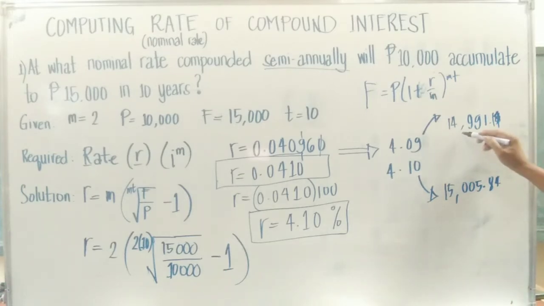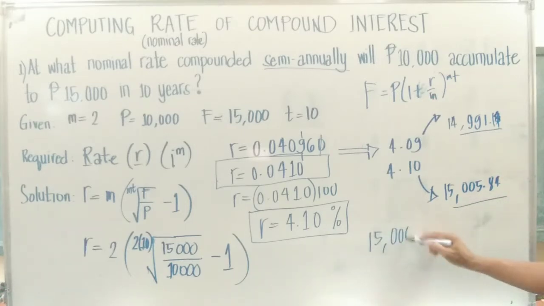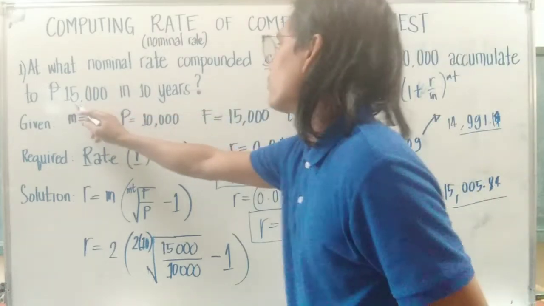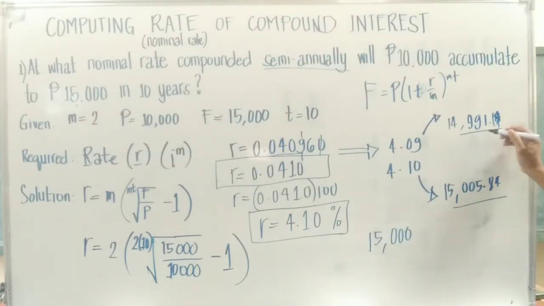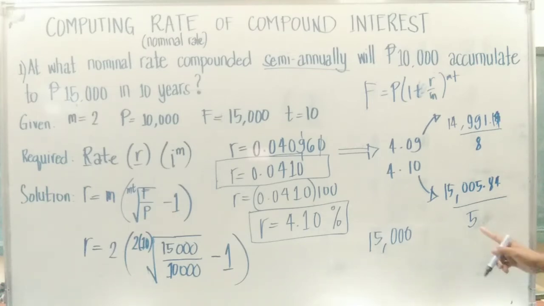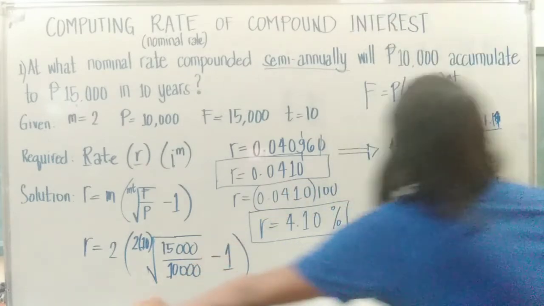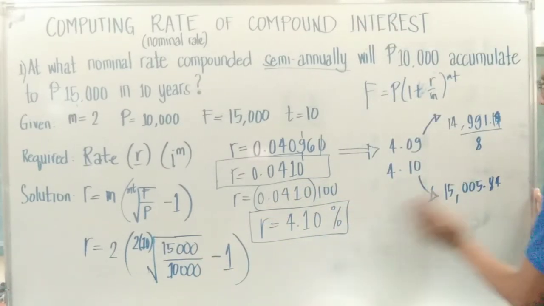So if we check the difference from 15,000, your accumulation or future value F, the difference in here is almost or over 8 pesos, and in here we have a difference of 5 pesos. So the most correct answer is 4.10%. Okay? Okay, so let us proceed to your conclusion.